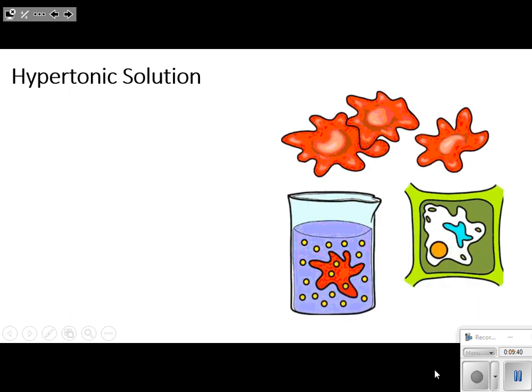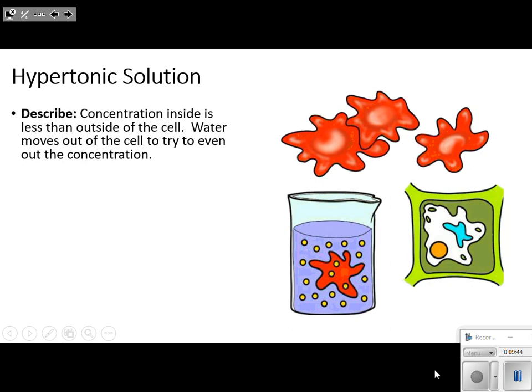A hypertonic solution is one in which the concentration inside is less than outside of the cell. Water will move out of the cell to try to even out the concentration.